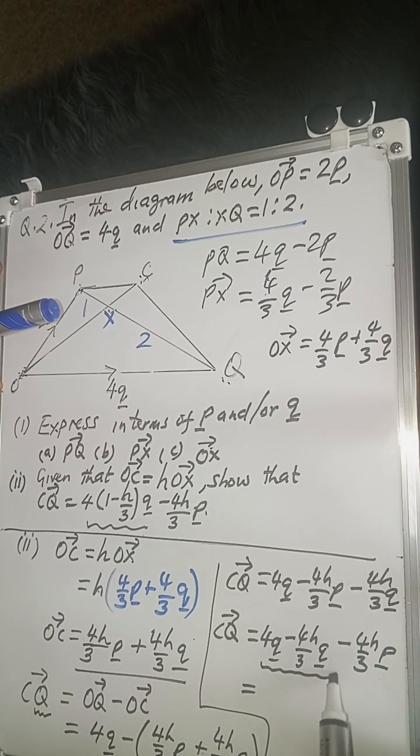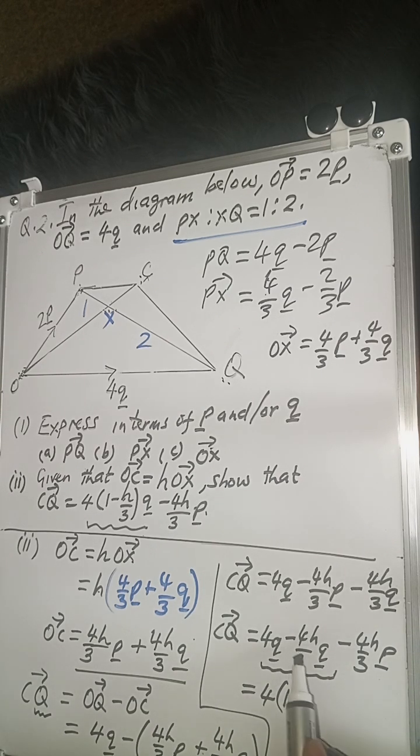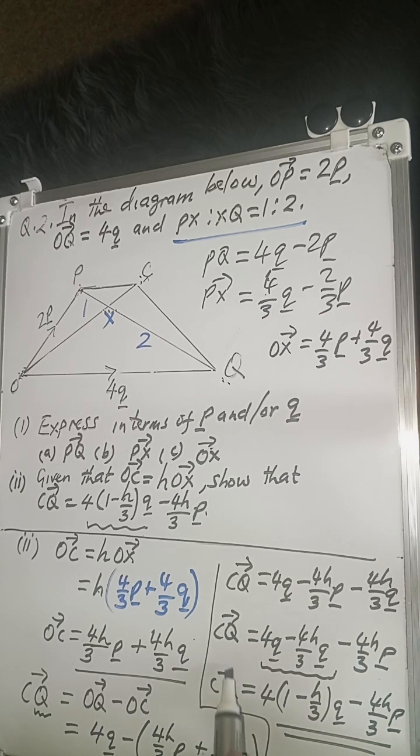So you are dealing with these. What is common? There's 4 and the Q. Remember the number to your left, so I'll remove the 4. When I remove 4Q, I'll remain with 1 there. When I remove 4 and Q, I'll remain with the 1 minus H over 3, then the Q is outside. Since we removed 4 and Q, minus 4H over 3 vector P. You can see there that that's your CQ, hence shown.